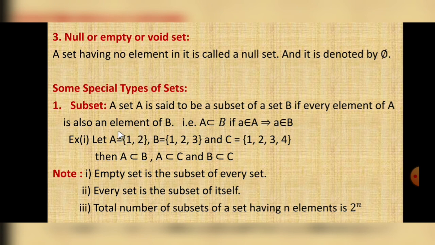For this set, you can directly apply the formula 2 raised to n, where n is the total number of elements in the given set. Then the total number of subsets of A is 2 raised to 2, that is 4. So total 4 subsets we can write for this set A.